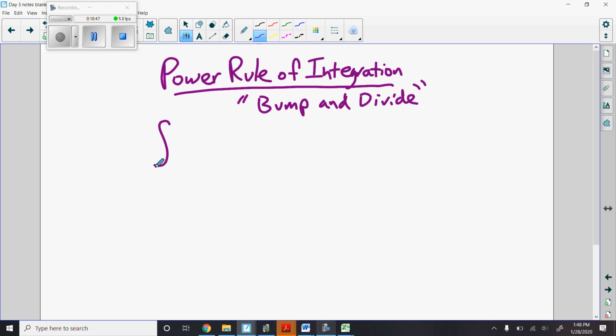So what if I was going to do the antiderivative of ax to the n power? Okay, so I'm just having general terms a and n. So again, what I have to do here is bump the power by 1. Right? 6 went to 7. 20 goes to 21. N goes to n plus 1.